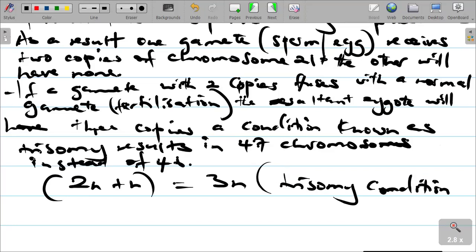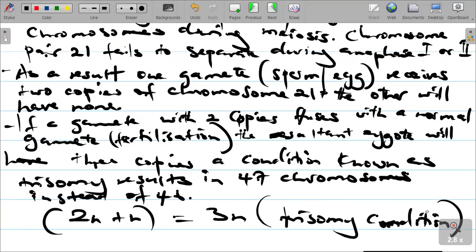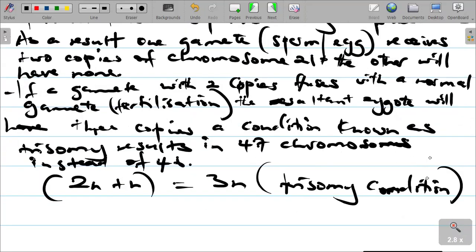So that's what we need to understand: Down syndrome is a condition resulting from errors that occur during gamete formation, where a gamete with 2 copies instead of one fuses with a normal gamete, as in the illustration I've shown here.